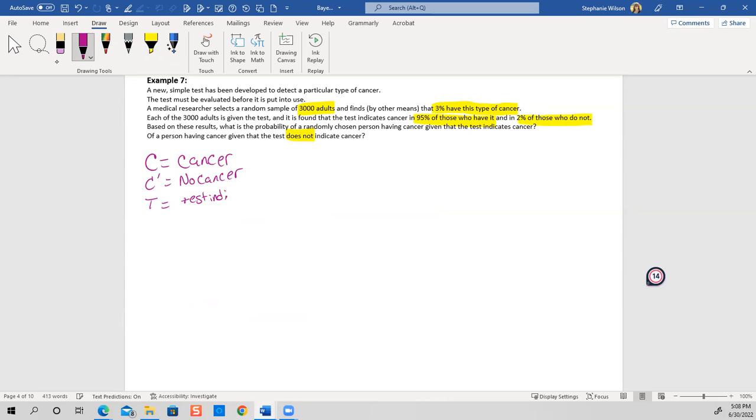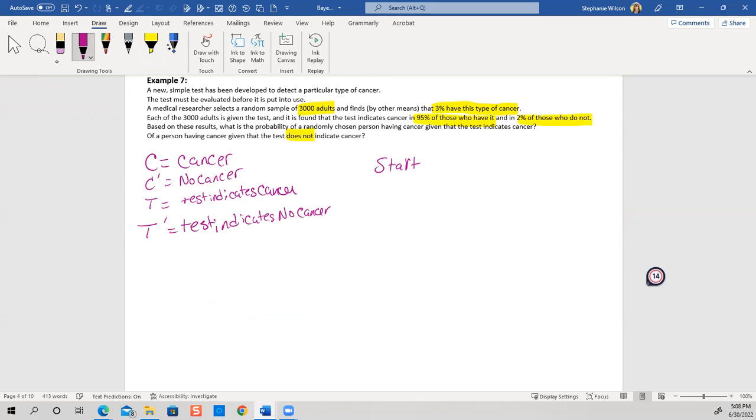Let T complement be the test indicates no cancer. And if you want to, you can come over here and start our tree.